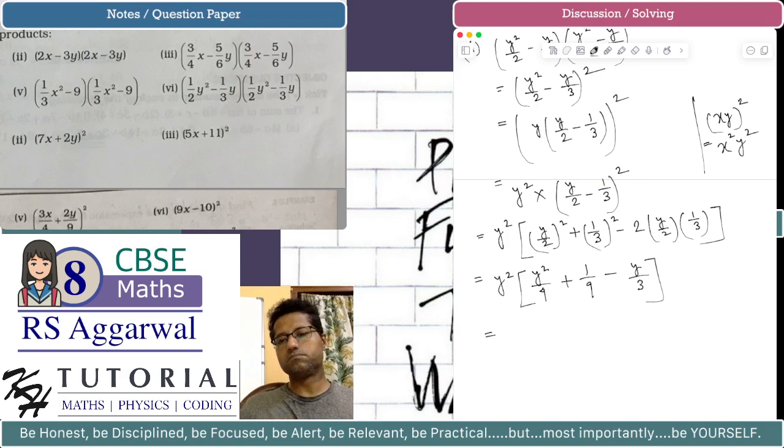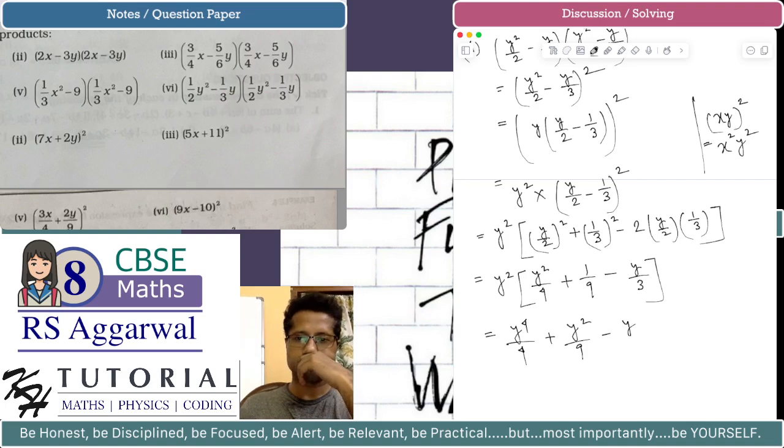Now this is a product of a monomial and a polynomial. So this becomes y to the power 4 by 4 plus y square by 9 minus y cube by 3.